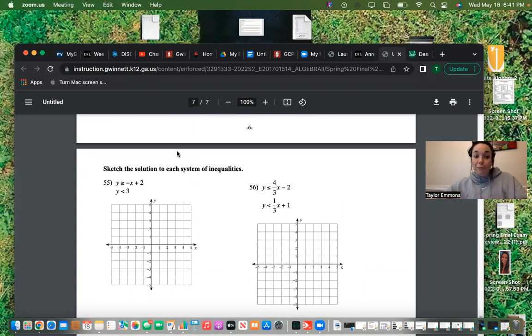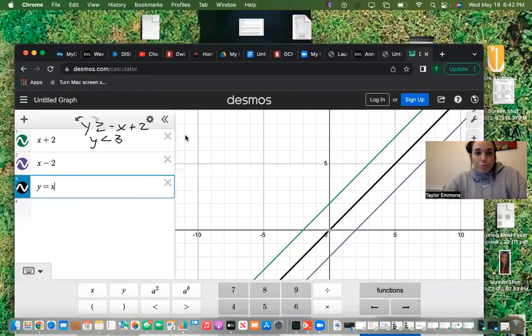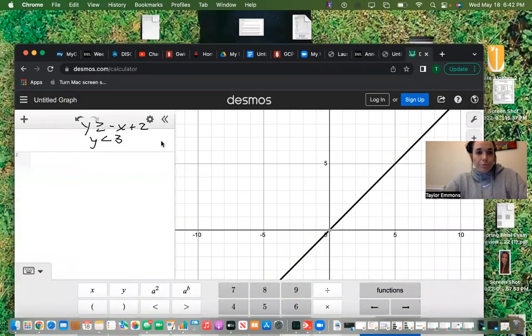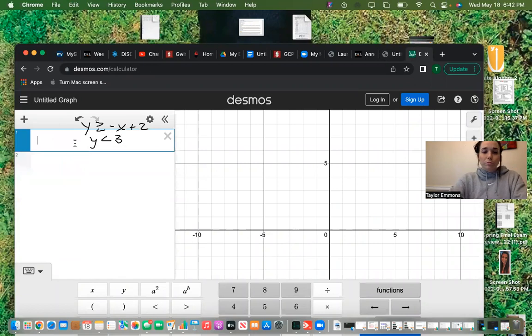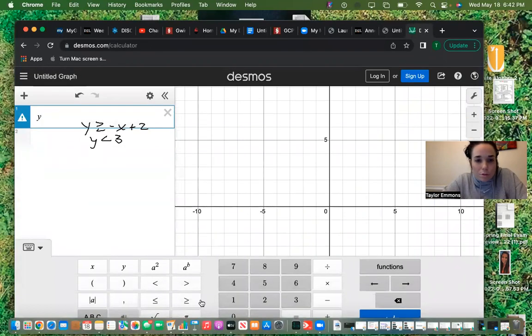So looking at like 55, for instance, if you take this and you plug it into Desmos, okay, so let me write it down really quick before I switch screens. If you take this and you plug it into Desmos, negative x.